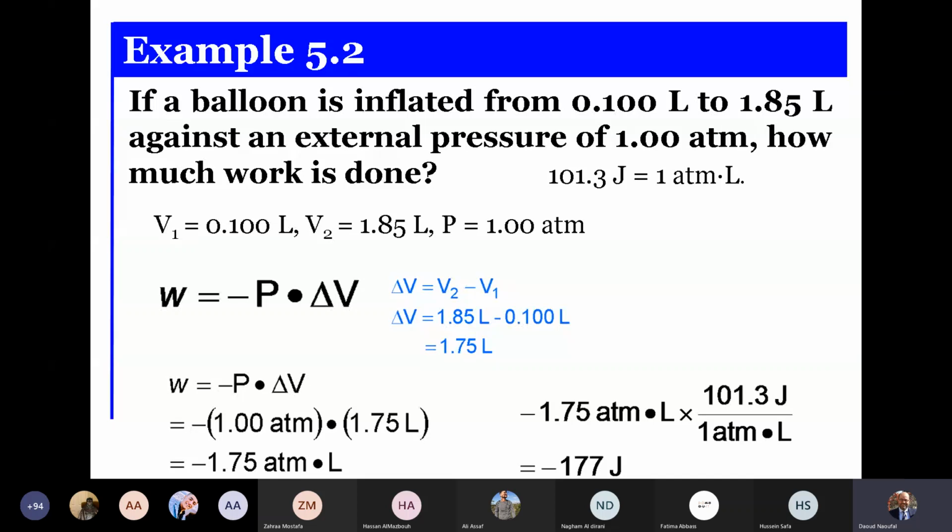When work is done by the system on the surroundings, the work is negative. When work is done by the surroundings on the system, the work is positive. So our value is correct since the sign is minus, negative.